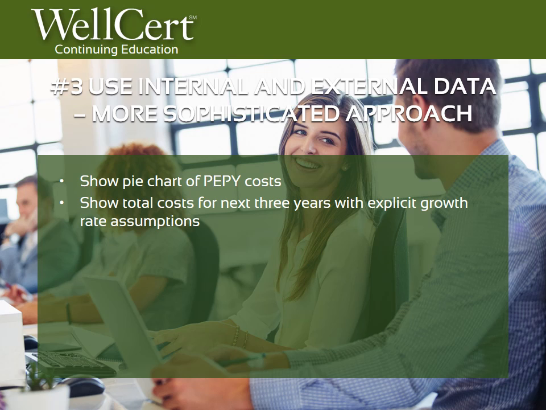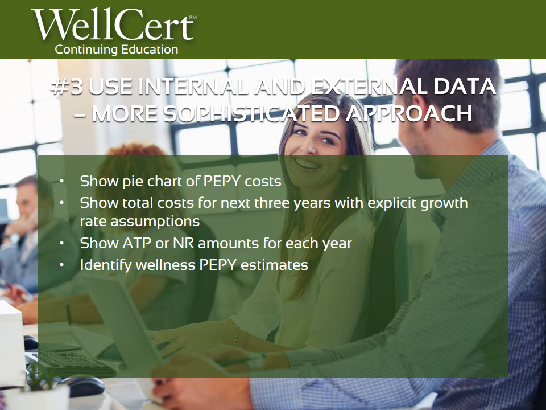You also can show the total cost for the next 3 years with explicit growth rate assumptions for each. You can show the after-tax profitability or net revenue amounts for each year. You can identify the wellness per employee per year estimates of what the program's PEPY costs would be.